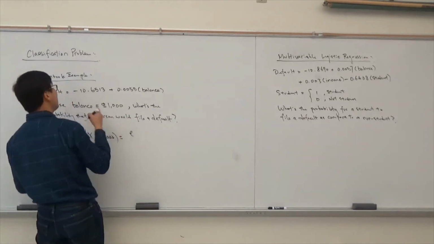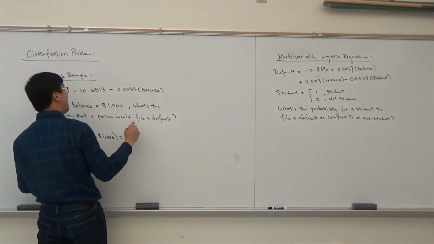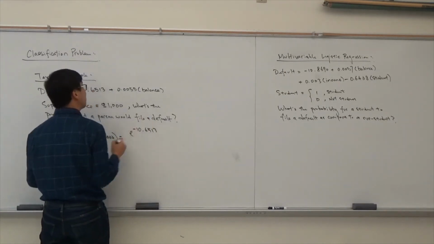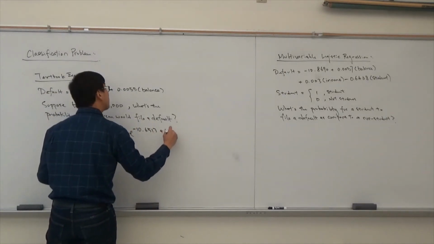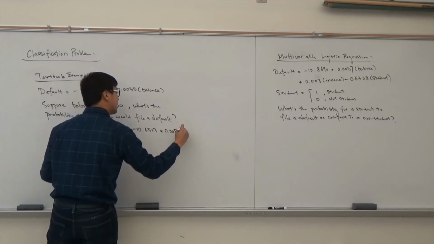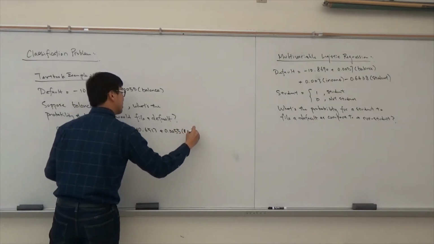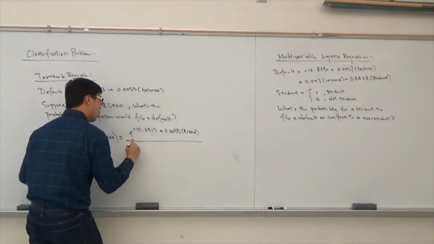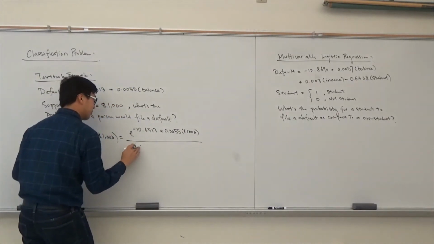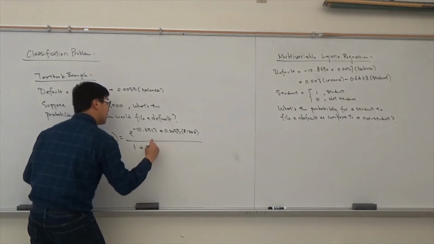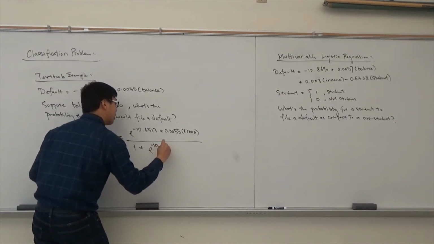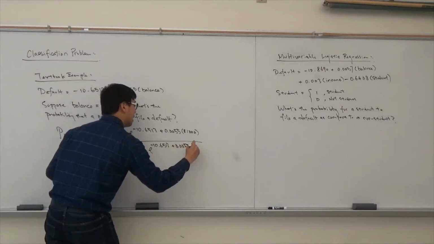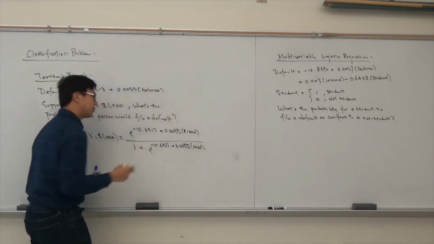So in this case, we have to use e to the power of negative 10.6513 plus 0.0055 times 1,000, divided by 1 plus e to the negative 10.6513 plus 0.0055 times $1,000.